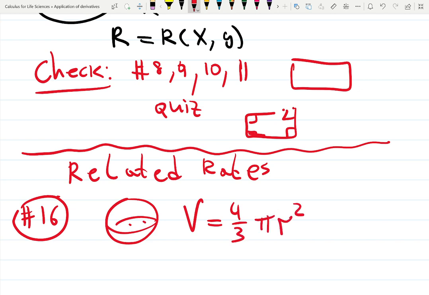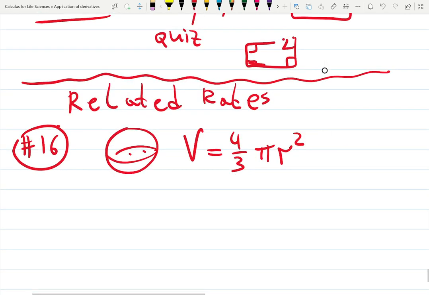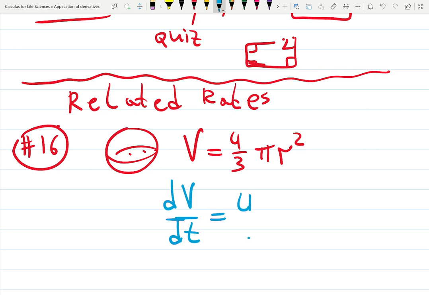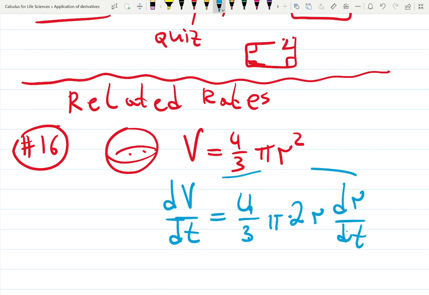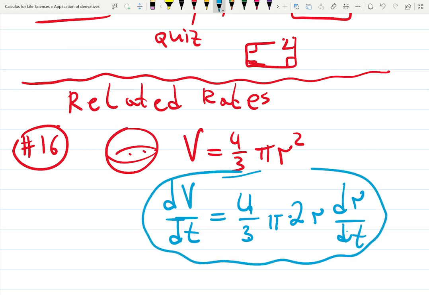And then, when you differentiate this formula that has two variables in it, you use implicit differentiation, which we are going to review right now. dV with respect to the third variable t equals 4 thirds pi 2r dr/dt.